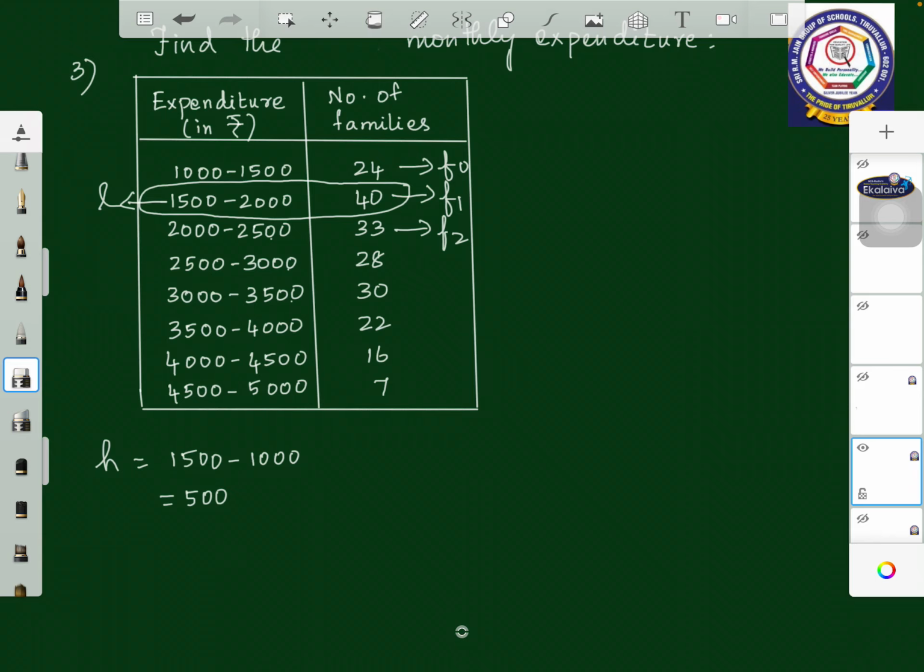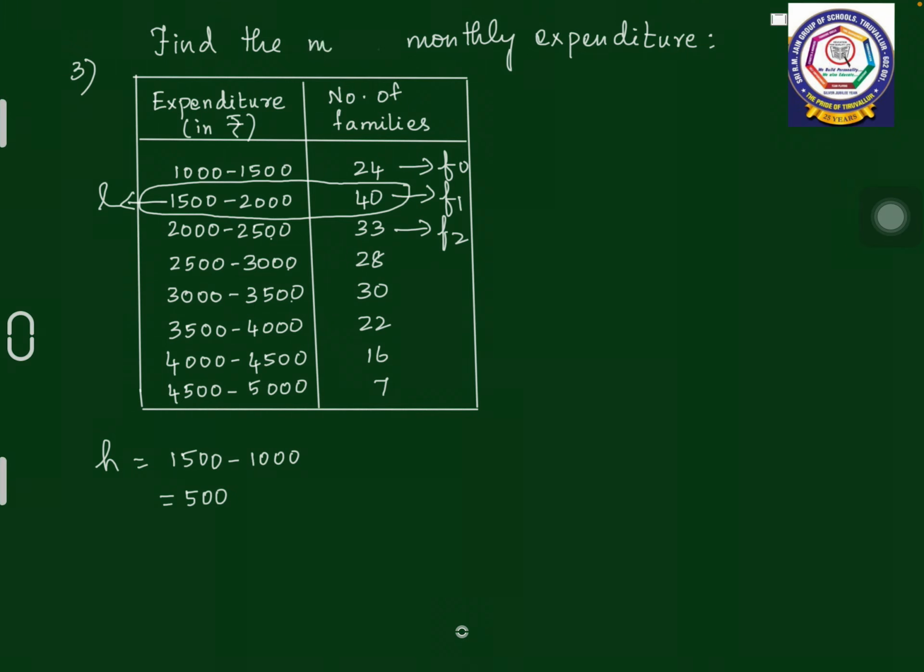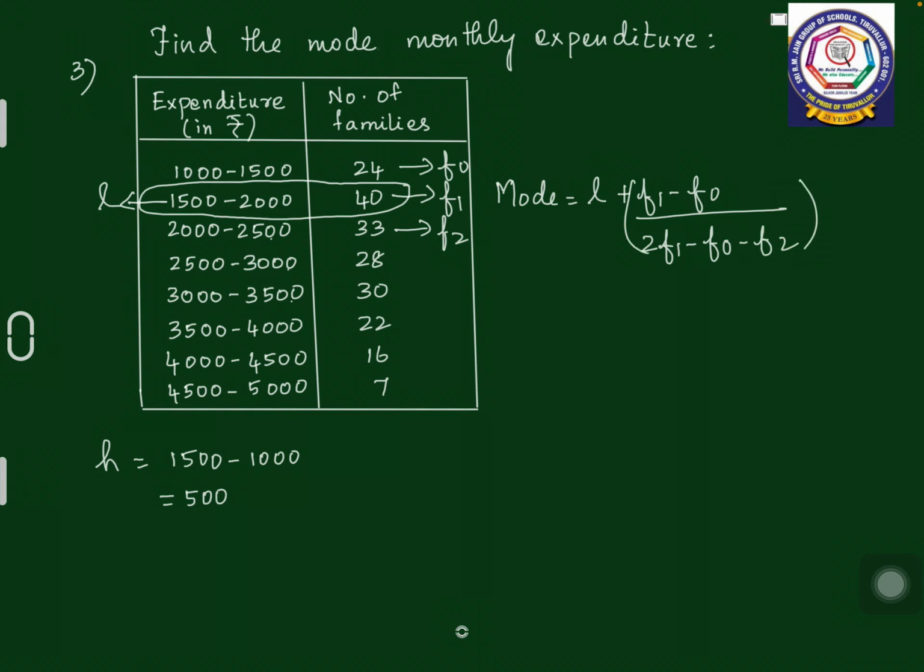Here we have to find the mode monthly expenditure. So, what is the mode formula? L plus (F1 minus F0) by (2F1 minus F0 minus F2) into H. What is L here? 1500 plus (40 minus 24) by (2 into 40 minus 24 minus 33) into H, which is 500.